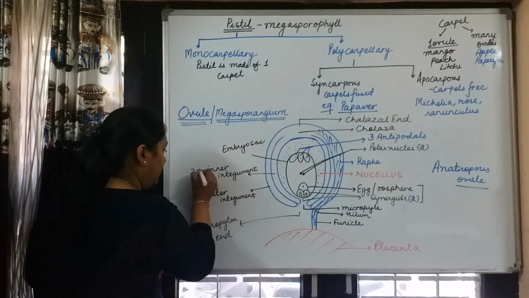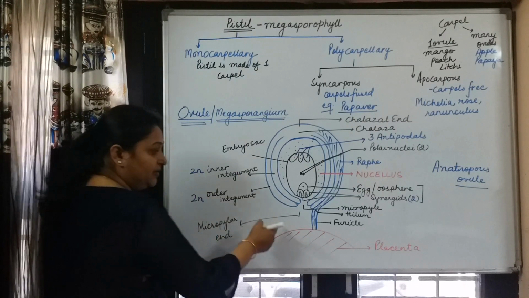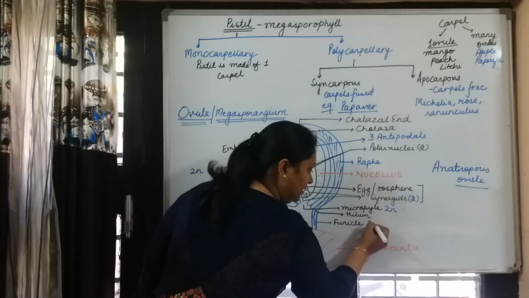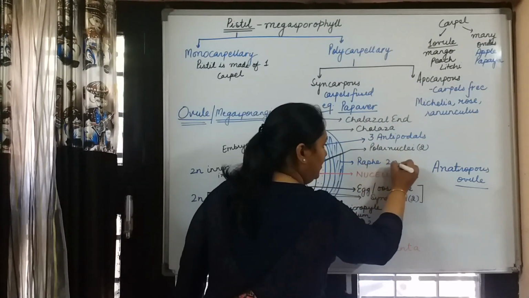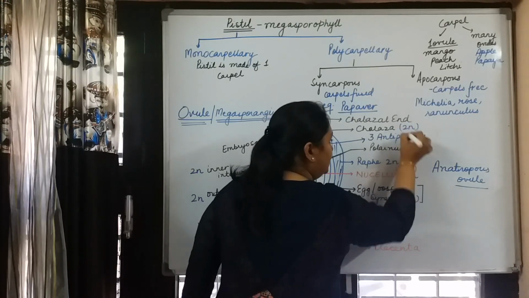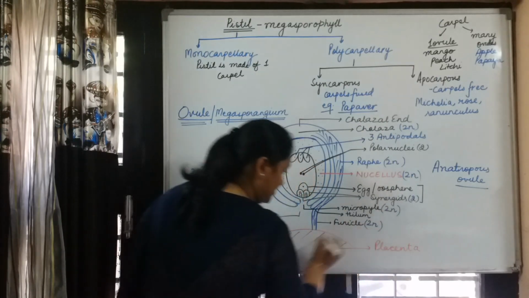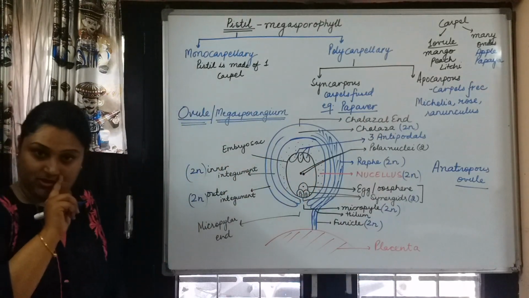Therefore, the inner integument, outer integument, micropyle, funicle, nucellus, raphe, even chalaza, are all diploid structures.